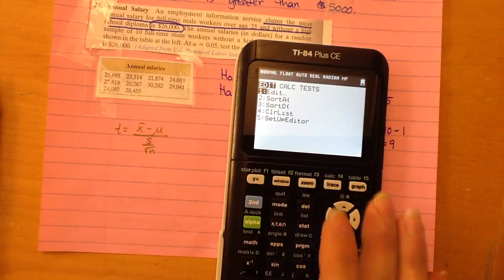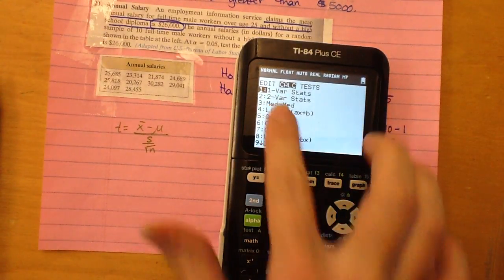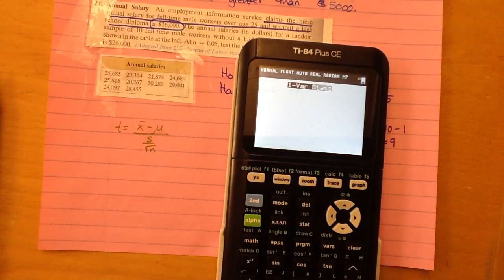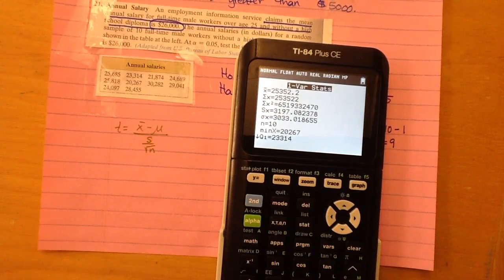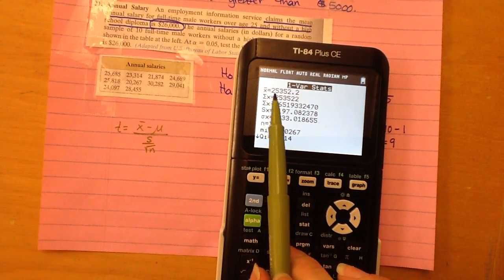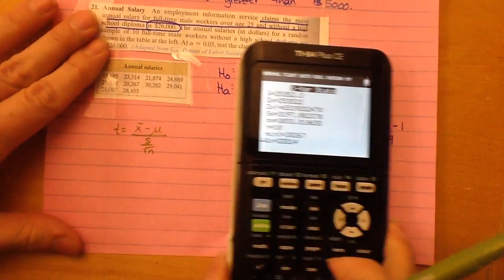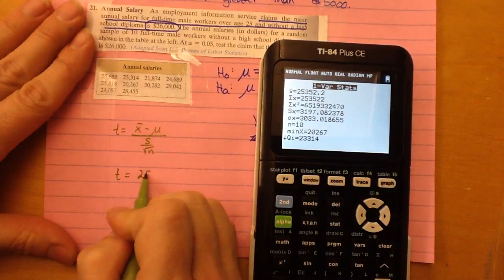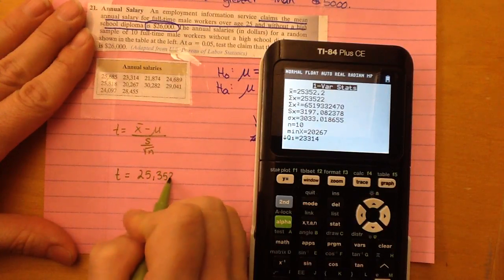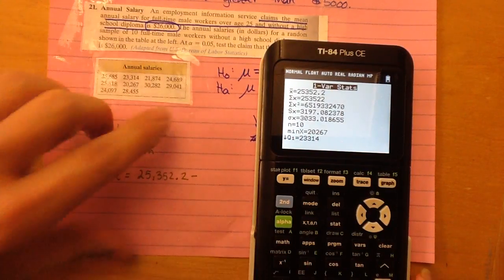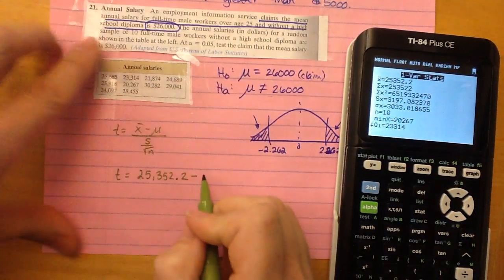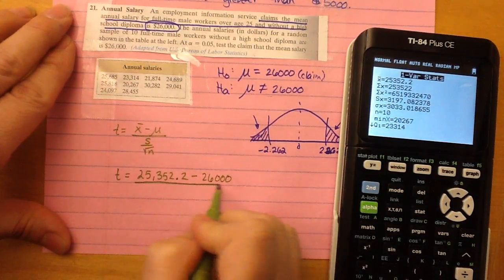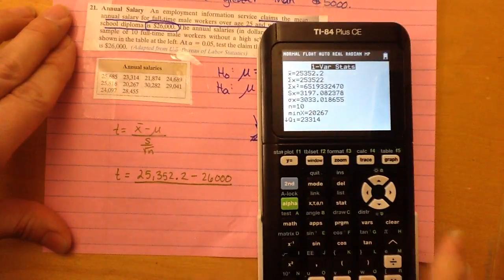And then we do stat calc, one variable statistics, using list 1. And it gives me x bar is $25,352.20. So t is 25,352.2 minus mu, which is my claimed mean, 26,000, divided by s over square root of n.